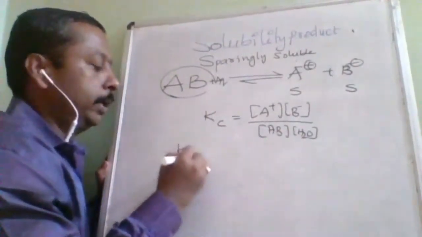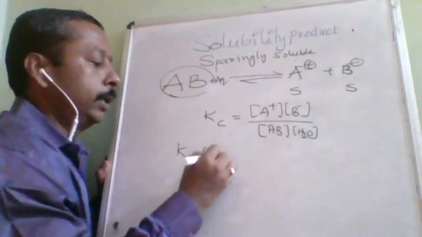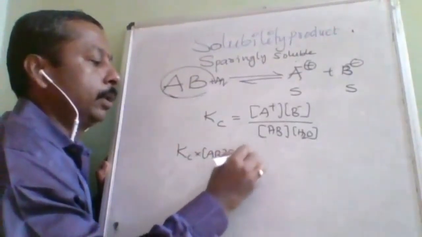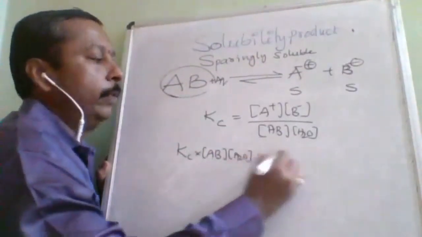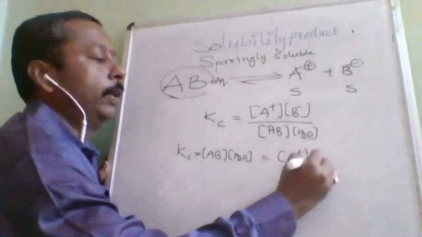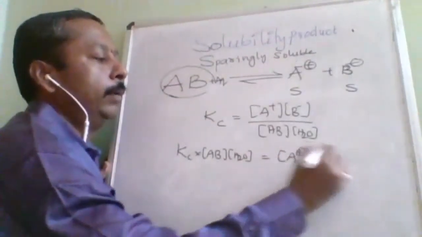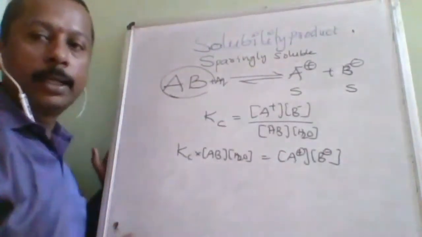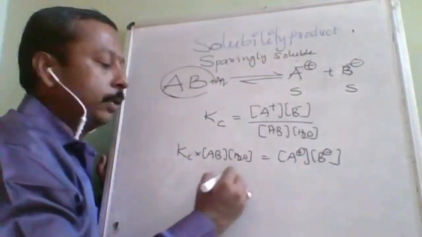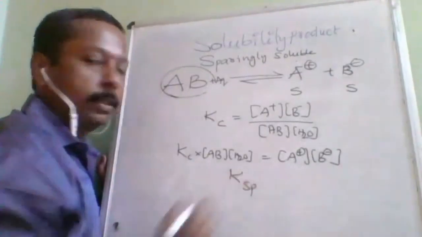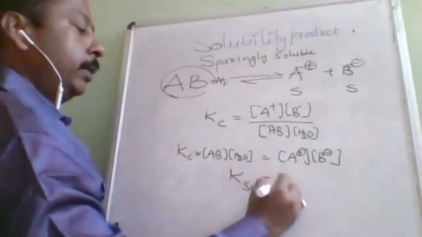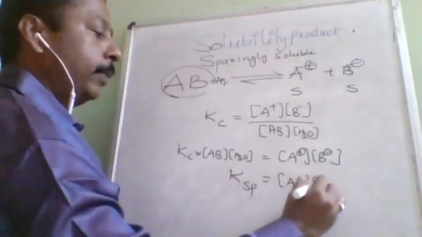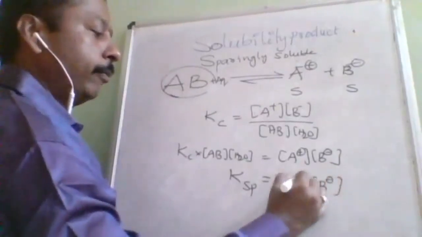Kc times the concentration of AB times the concentration of H2O gives the concentration of A positive and B negative. Three constants multiplied result again in a constant, which is called Ksp. Ksp is equal to the concentration of A plus times the concentration of B minus.